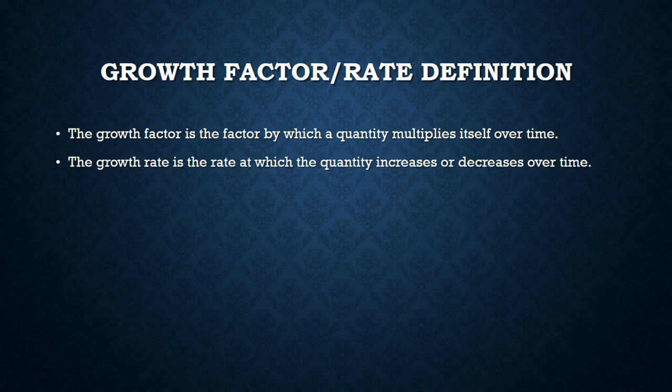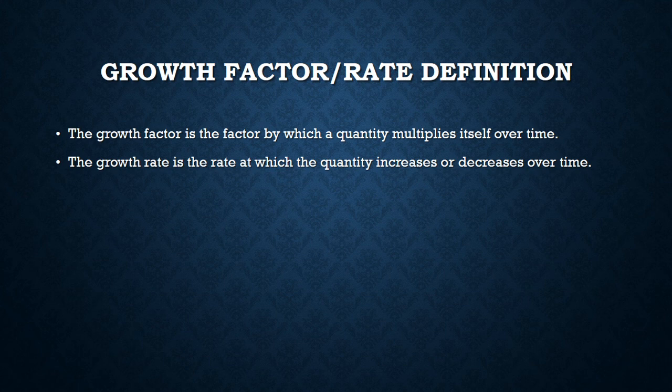Next, we want to discuss the growth factor and growth rate for the exponential model. But first, let's define these terms. The growth factor is the factor by which a quantity multiplies itself over time. For example, if the number of cases goes from 10 to 50, the growth factor is 5, since the number of cases was multiplied by 5.